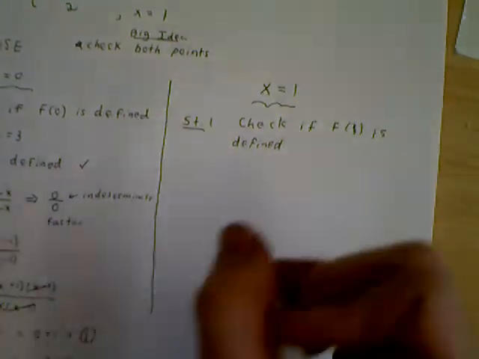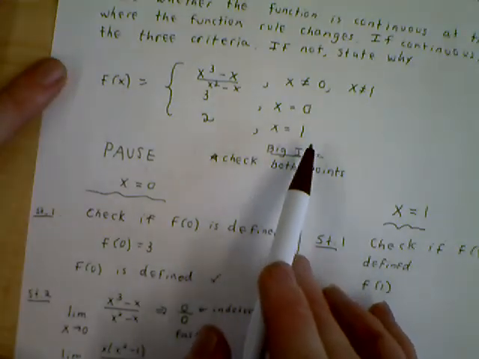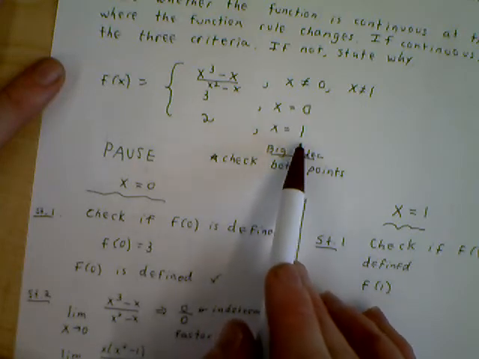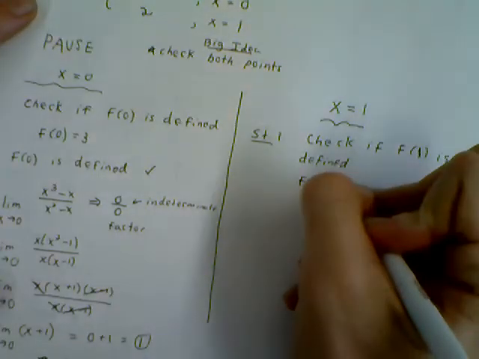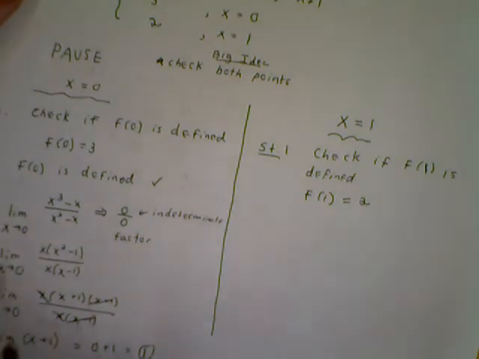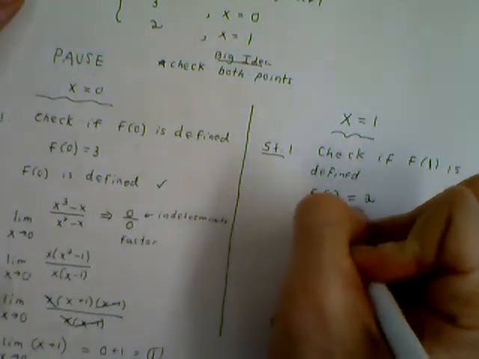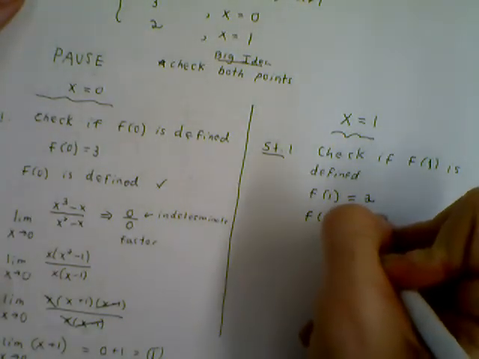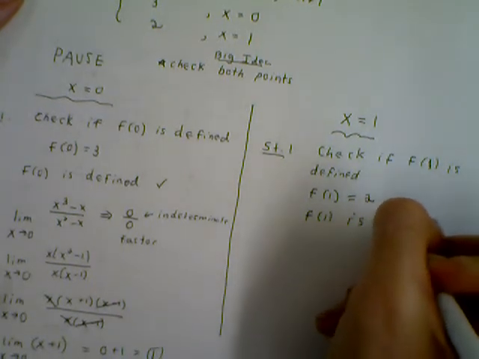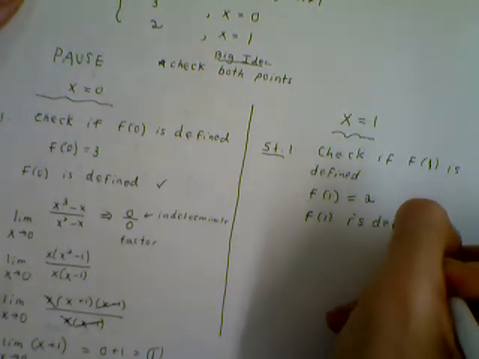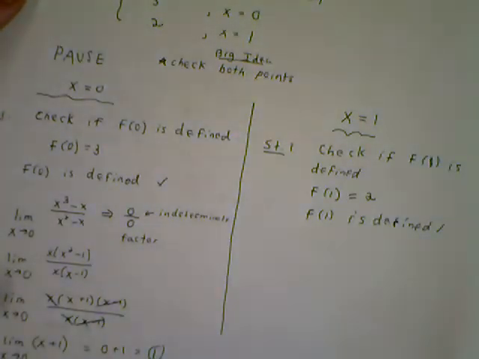So, well, if I try and find f of 1, I'm going to go to my piecewise rule. Well, if I plug in 1, I get 2, so f of 1 equals 2. All right, so we can say f of 1 is defined. Just put a check mark. We got that checked off.